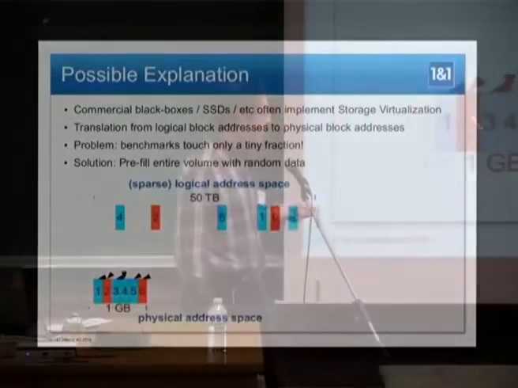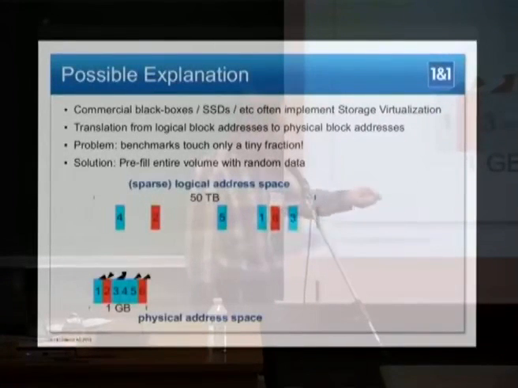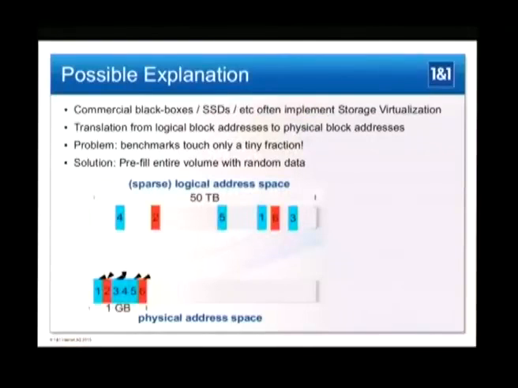So accessing that data is significantly faster than addressing the entire physical space. So that's one of the explanations that lead to that slowdown, depending on whether you pre-filled the entire physical address space or not.